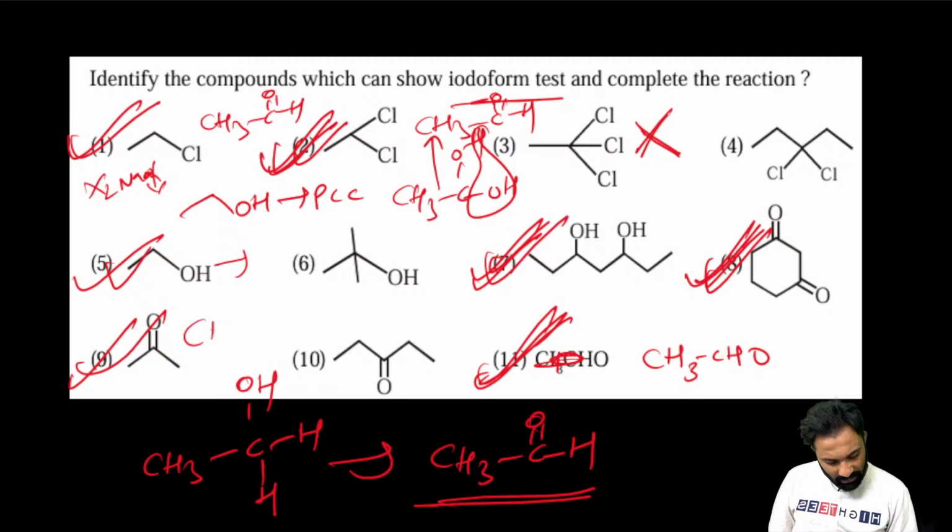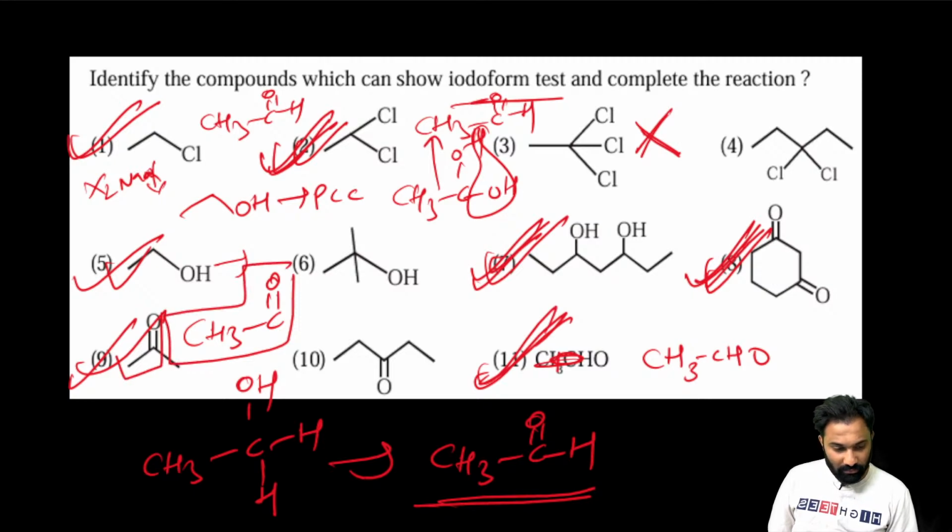What is the main criteria to show the iodoform? CH3 C double bond O, right? Here it is there, right? This is a ketone. You are in confusion with aldehyde, I think. No, this is the Tollens test. This is the iodoform test. The main criteria to show it should be CH3 C double bond O. Is it clear?